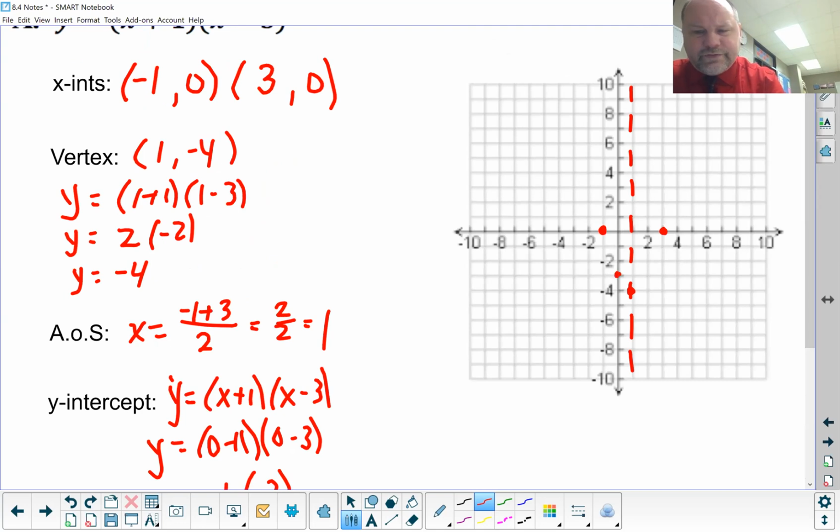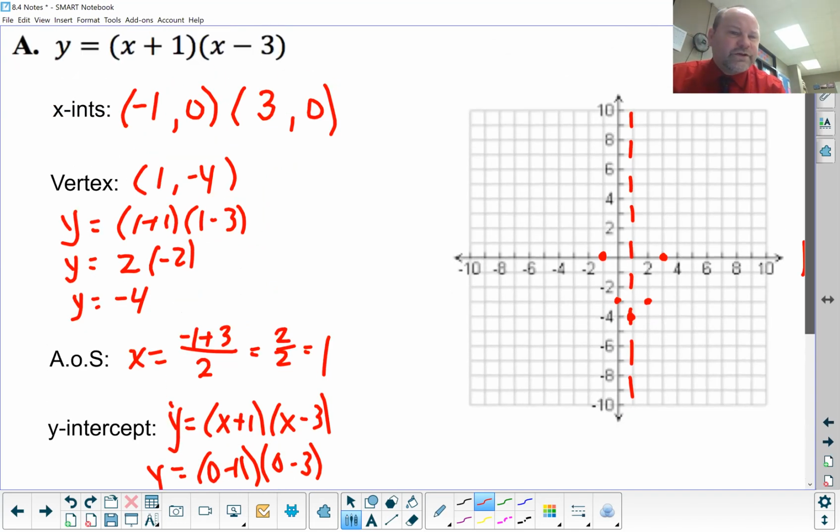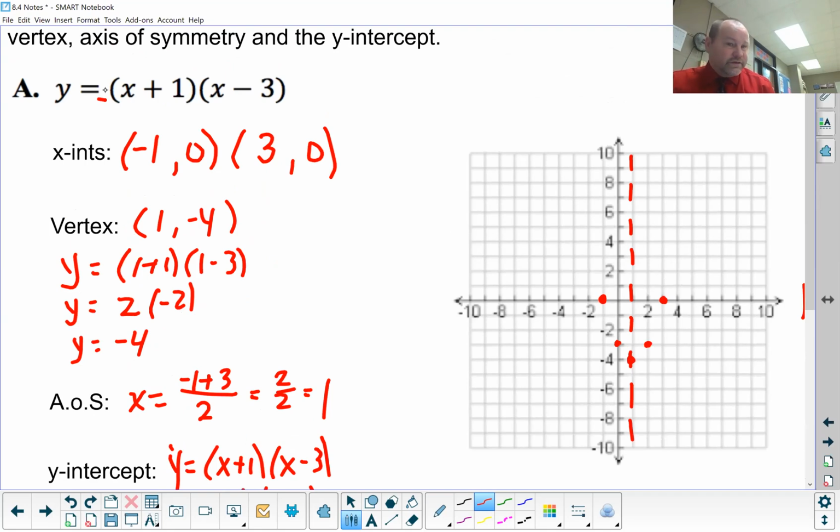And we know we have a mirror image point on the other side of the vertex. Now, if you didn't want to do it that way, another thing we could do is use our pattern. In this case, there's no number written in front of the parentheses, so we just understand that A is 1. So from our vertex, we can go over 1, up 1, over 1, up 3 in both directions.